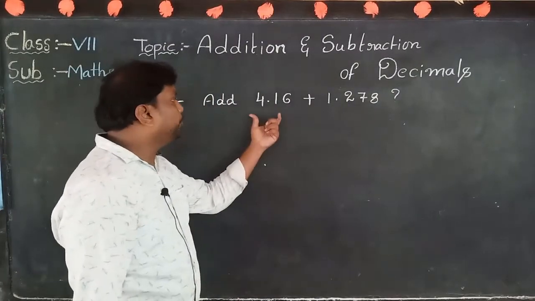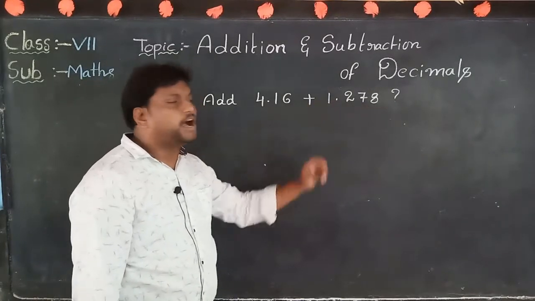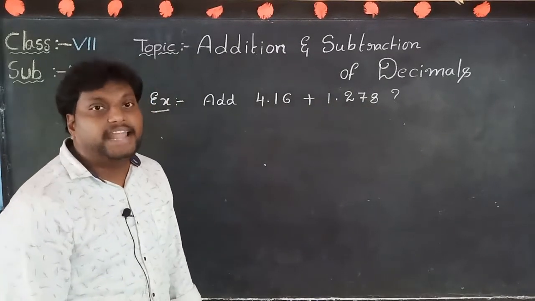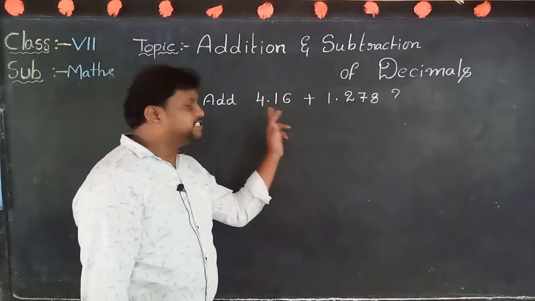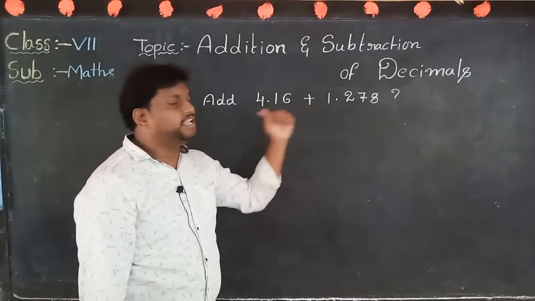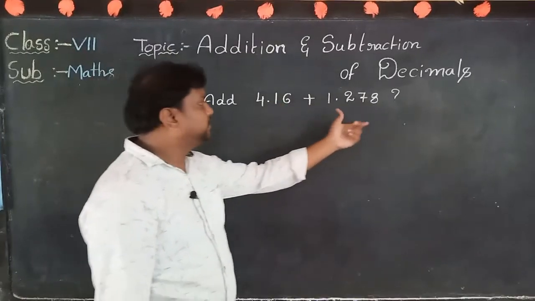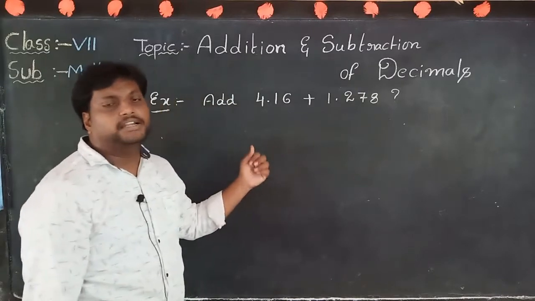Here 4.16 and 1.278, these two are unlike decimals. Why? Because in the decimal part the number of digits are not equal. Here there are only 2 digits, here 3 digits, so the number of digits are not equal.